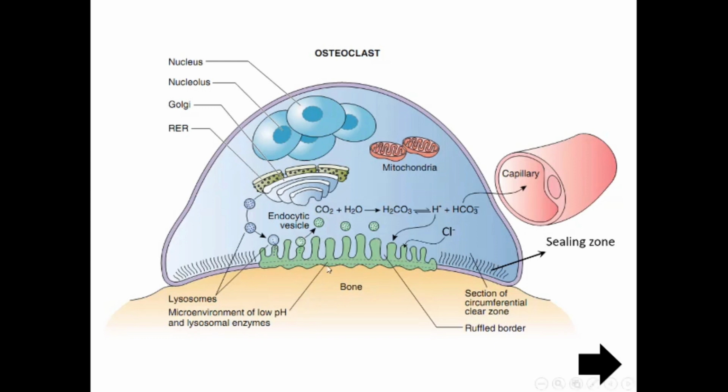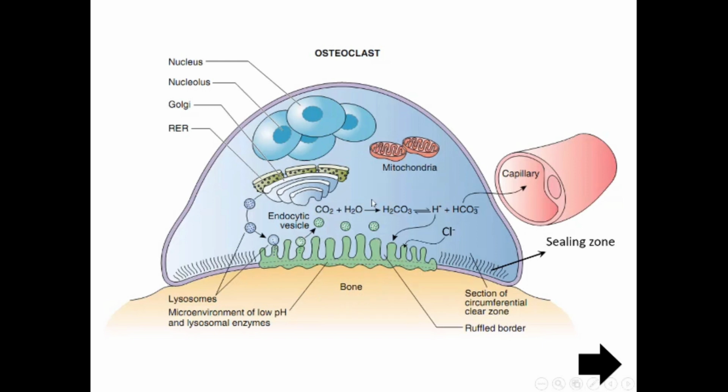Then from the other side, the cell secretes lysosomal enzymes. You know, other cells usually store lysosomal enzymes as vesicles inside the cytoplasm. But unlike those cells, the osteoclasts secrete the lysosomal enzymes by exocytosis into this microenvironment. This enzyme is activated in an acidic medium, so it starts to digest the organic part of the matrix.